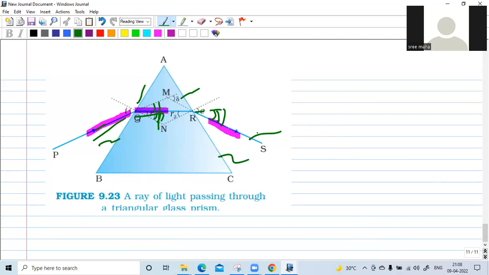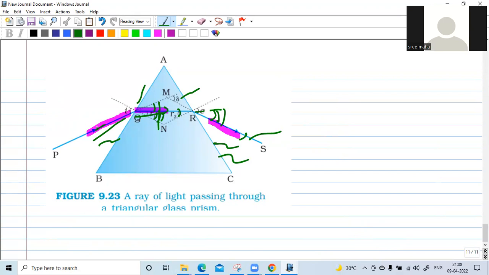What name you give does not matter. You can say it's a refracted ray. What about RS? RS is also refracted at the second interface. If you want to give a different name, you can say it's an emergent ray.